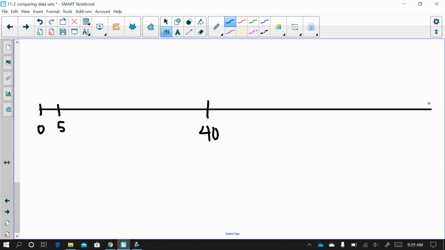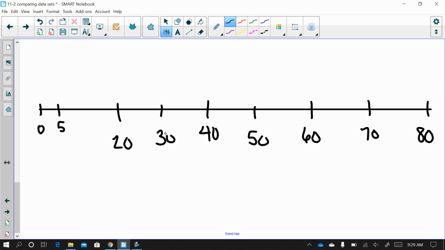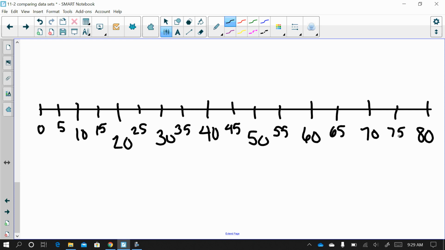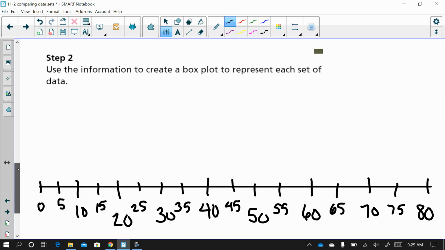I like to put everything in to make sure I can do it right. Okay, if you wanted to, you definitely could put 5 dashes in between each of those. I don't want to, so I'm not going to.